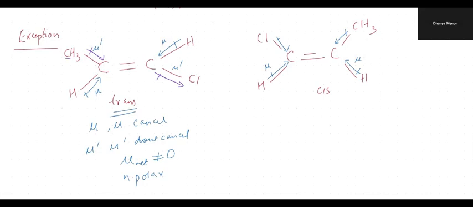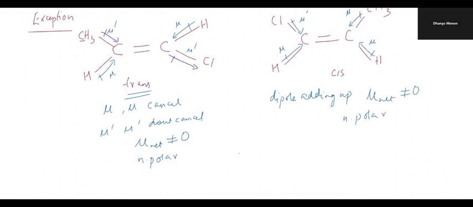Here, this is mu dash and mu dash. Here the dipoles are adding up. So the net dipole is not equal to 0. So this molecule is also polar. Okay.